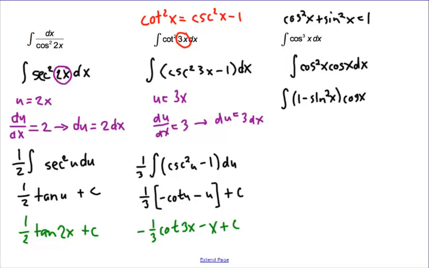Okay, we might say, how is that helpful? Remember that the derivative of sine is cosine. So if we let u be sine of x, then we take the derivative of sine, we get cosine, which then we can rewrite as du equals cosine x dx.